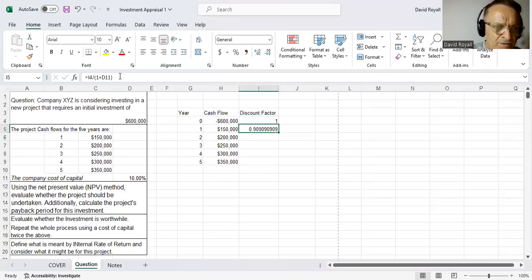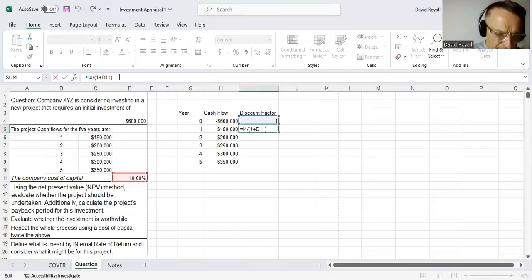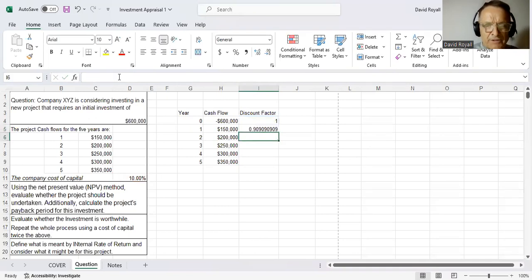In other words, that money is going to be worth around about 91 cents at today's. That's all it's going to buy equivalent today. So what we're saying is that you wait a year, it's only going to be valued at today's money, 91 cents. Now, you can see the formula in there.